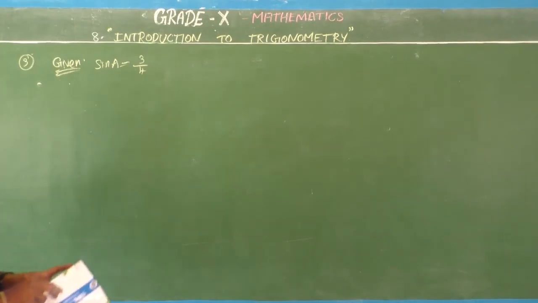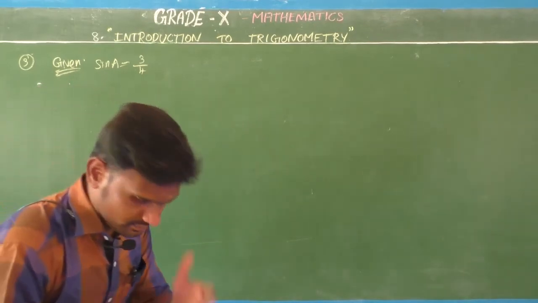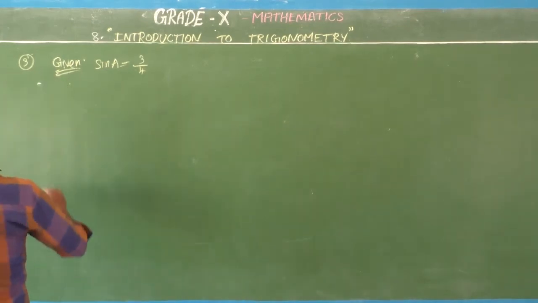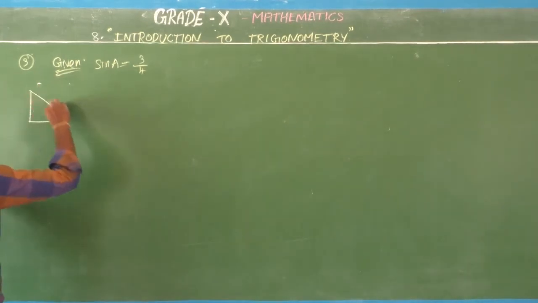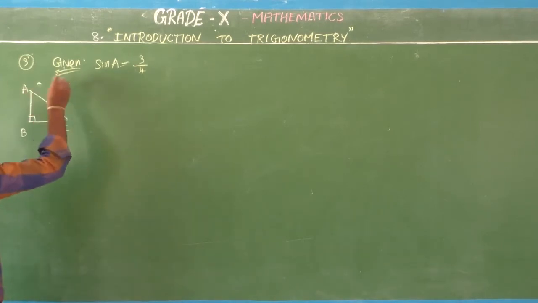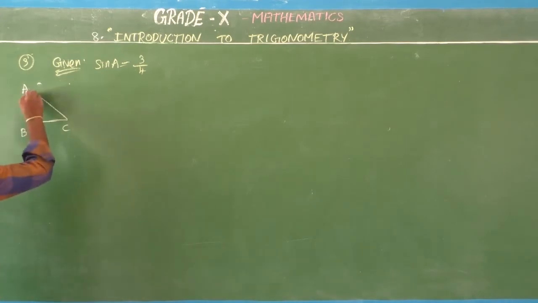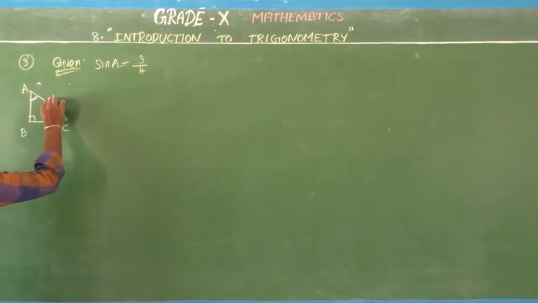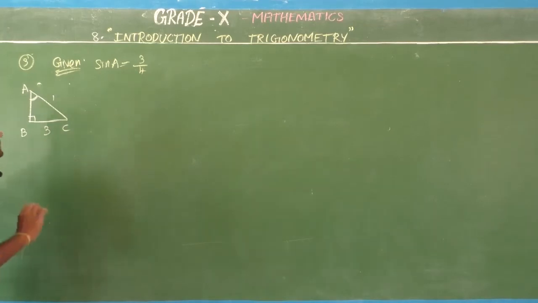First you have to take a right angle triangle and mark A, B, C. Consider sin A as theta. Sin A is equal to the opposite side divided by the hypotenuse.